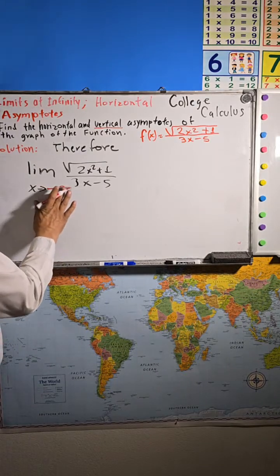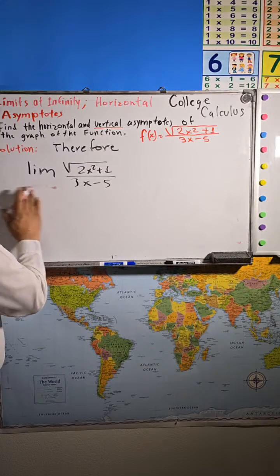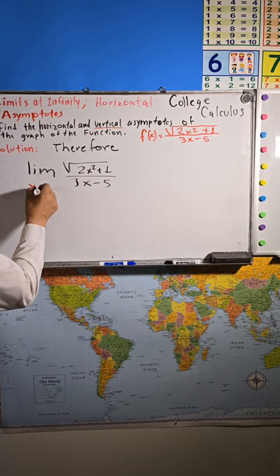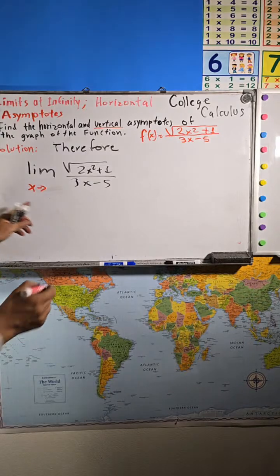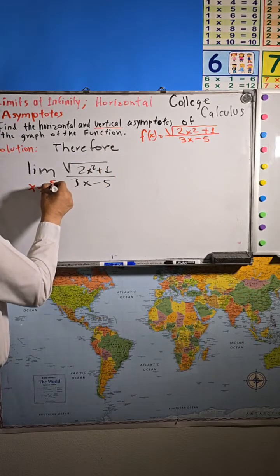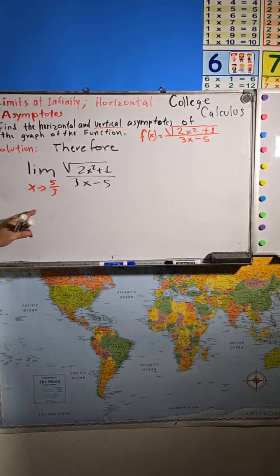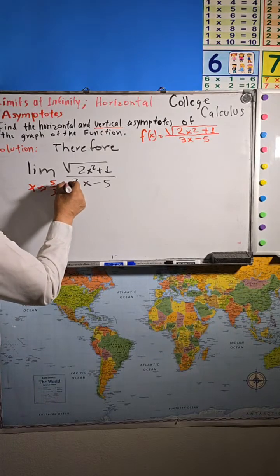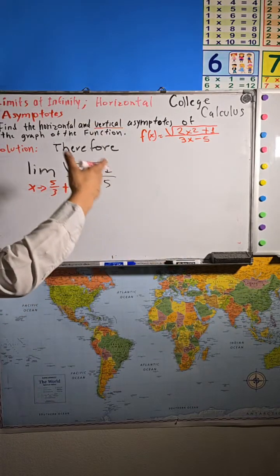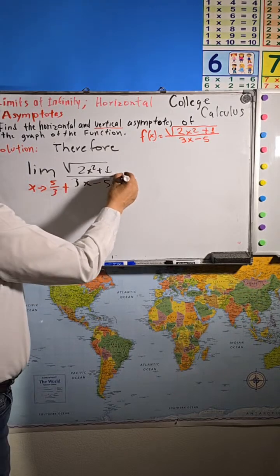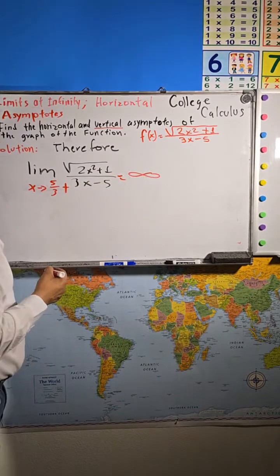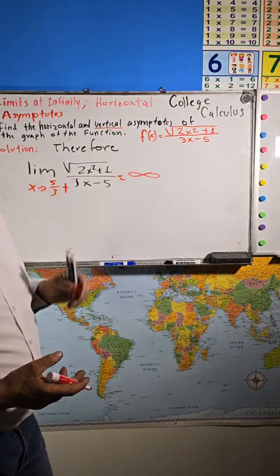In this case, we are talking about when x approaches 5/3 from the right, 5/3 plus. Then this equals infinity, and infinity is positive.